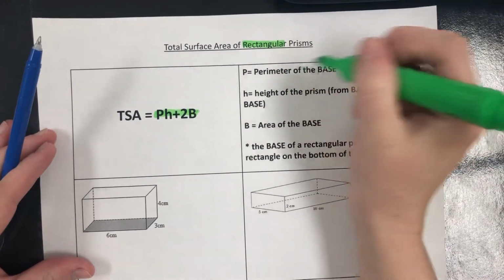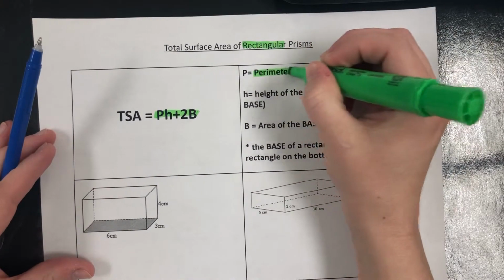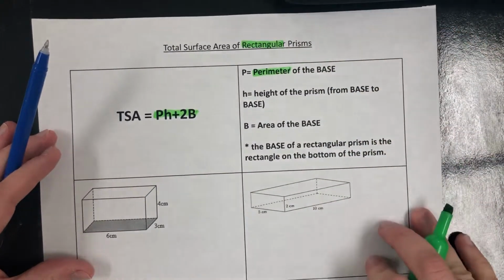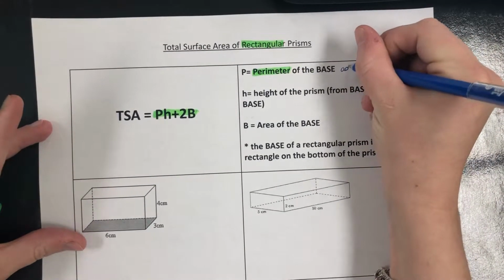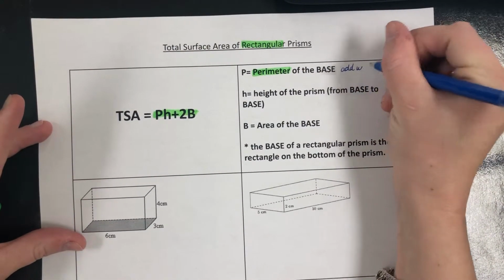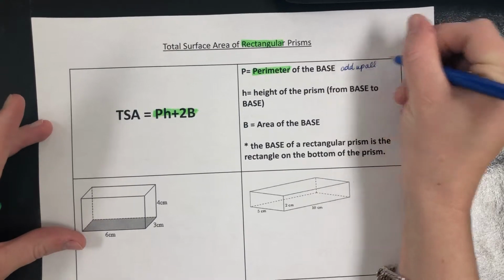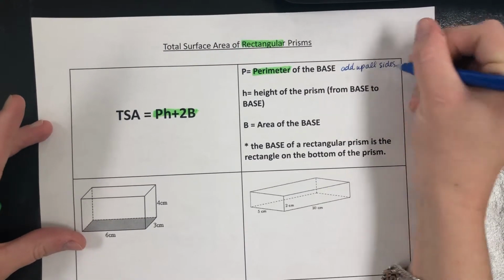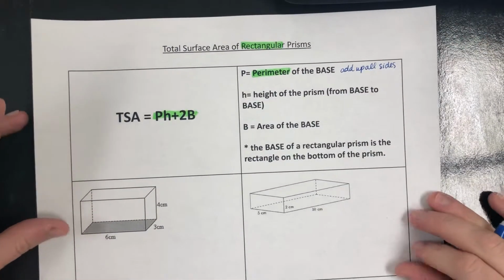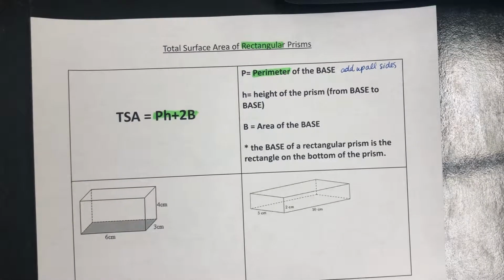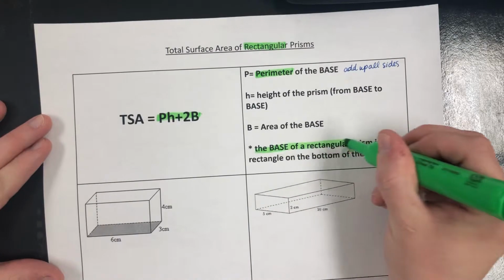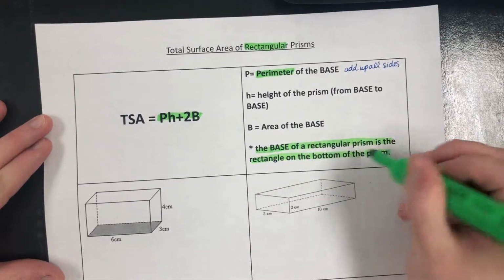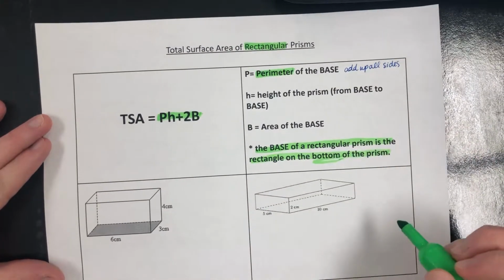The first one, P, is the perimeter of the base. To find perimeter, all we do is add up all the sides. Since our shape is a rectangular prism, our base is the rectangle on the bottom of the prism.